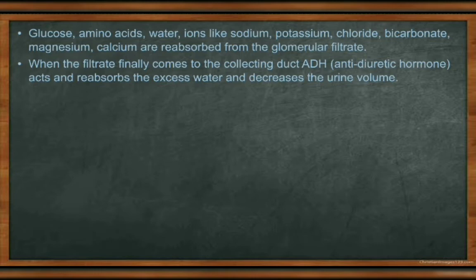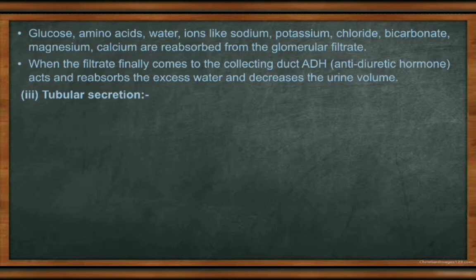So when urine is formed and enters the collecting duct, in an emergency situation there is a hormone, ADH, the antidiuretic hormone, which helps to reabsorb the excess amount of water to decrease the volume of urine.